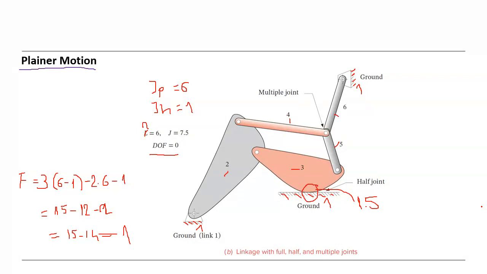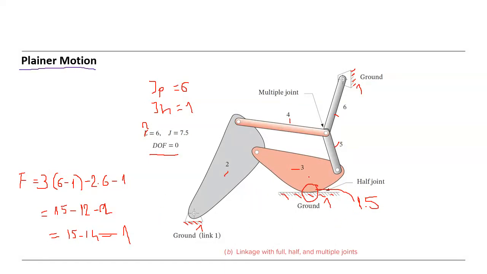So this also has a special mechanism as an exception. You see here linkage with full, half, and multiple joints. So we have multiple joints here, and half, and here, and with full, and so on. So in these types of examples, you see the equation doesn't supply sufficient results.